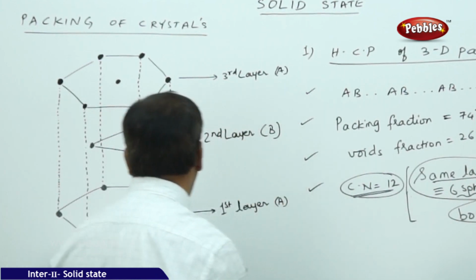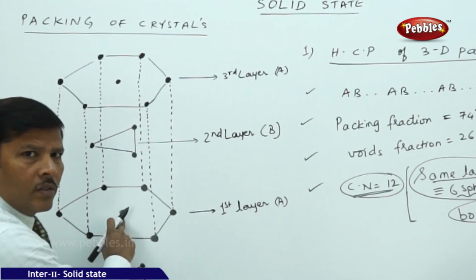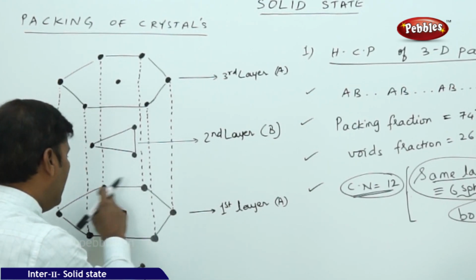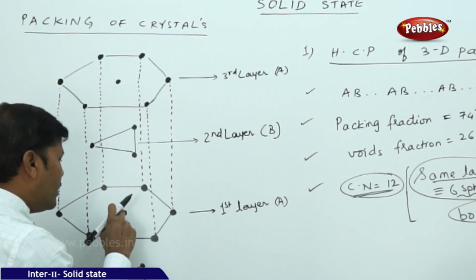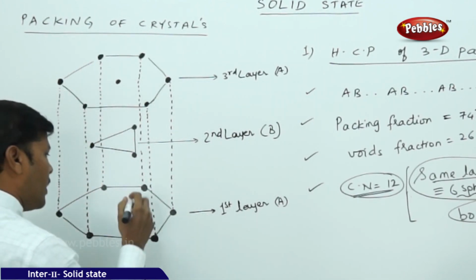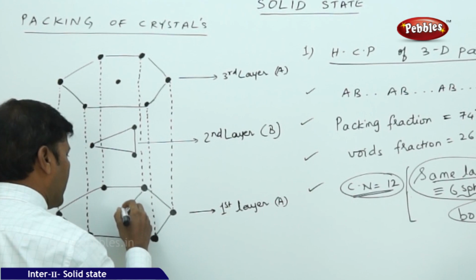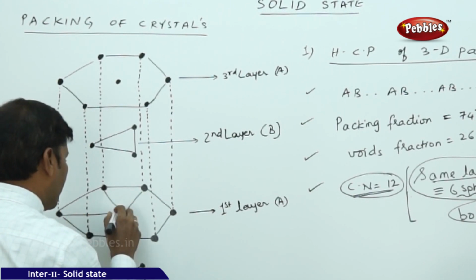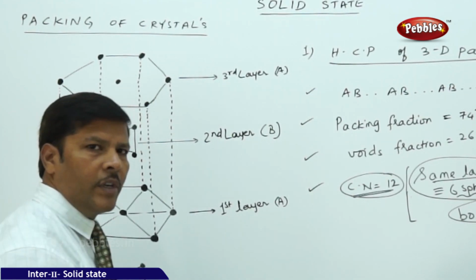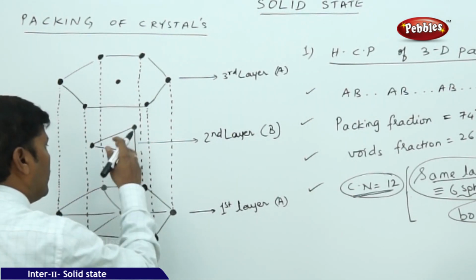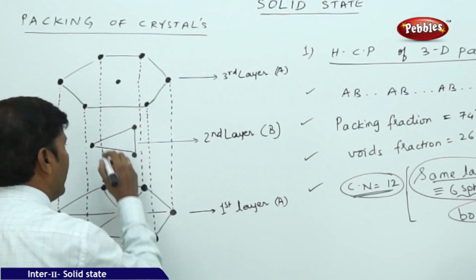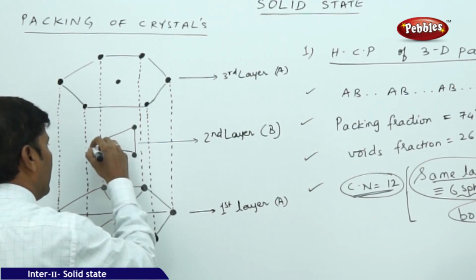In the same layer, 6 spheres means if this is the face of the hexagon, the hexagon has 6 corners, that means for this face 6 spheres are coming in contact. For our convenience I can even just connect it like this. These 6 spheres are coming in contact, and at the top layer, because this is a face, this face will come in contact with 3 body centers.